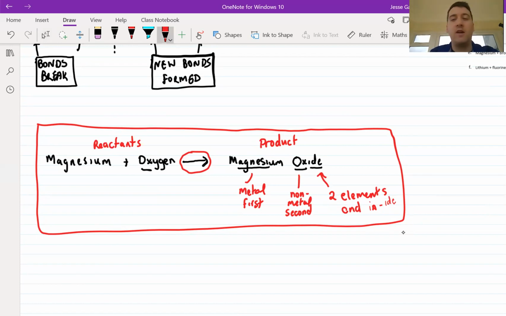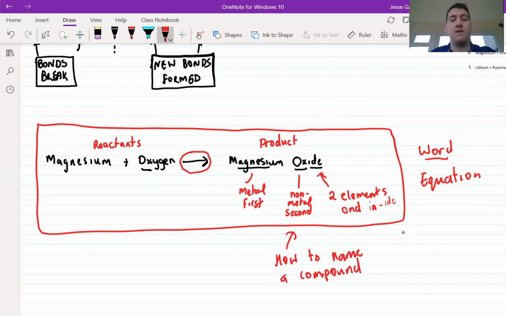We call this a word equation, because it's using words. So this whole thing here is a word equation. Within that, you have also learned how to name a compound, and this is for a compound with two elements in it, magnesium and oxygen.